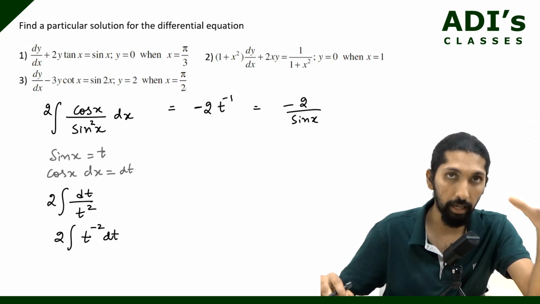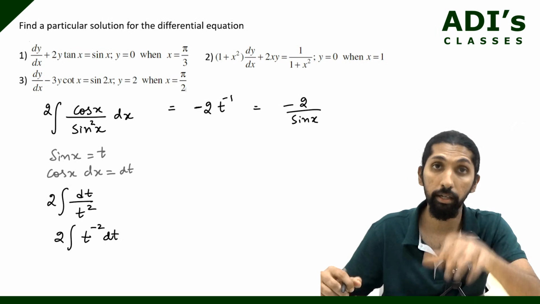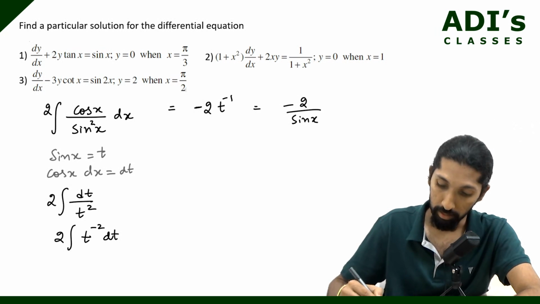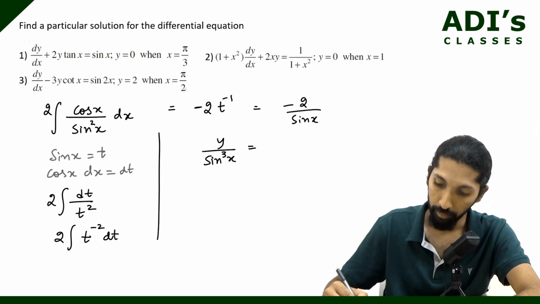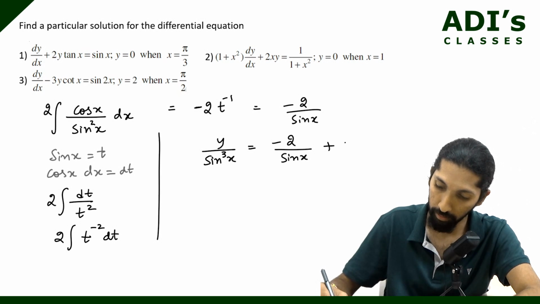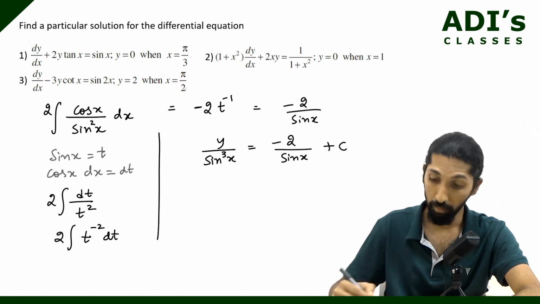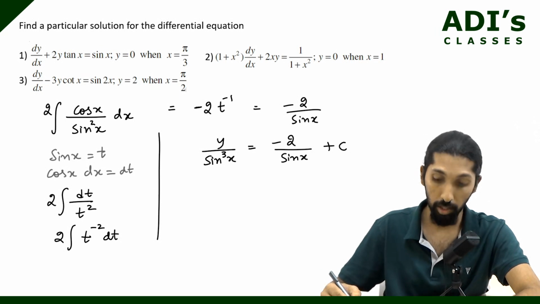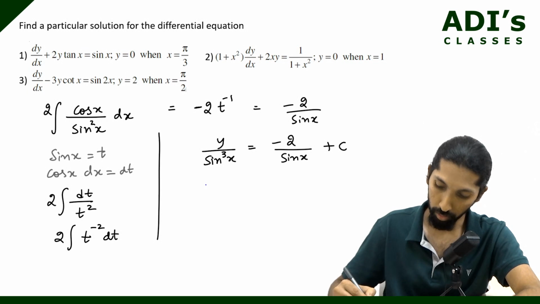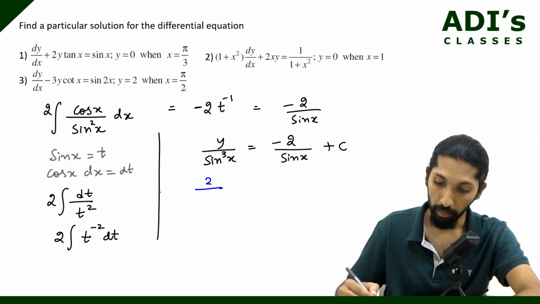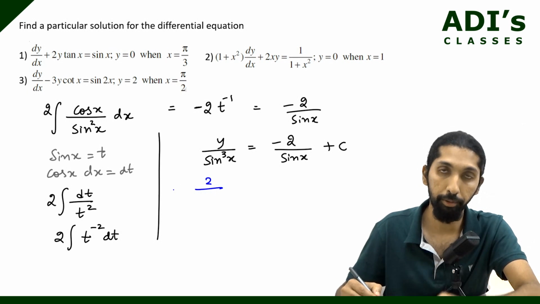Now let's take the LHS, let's take the RHS together and do it. What is LHS? LHS was y divided by sine cube x, equal to minus 2 by sin x plus c. Right? Put x value and y value. What is y value? Y value is 2. So 2 divided by sine cube pi by 2.